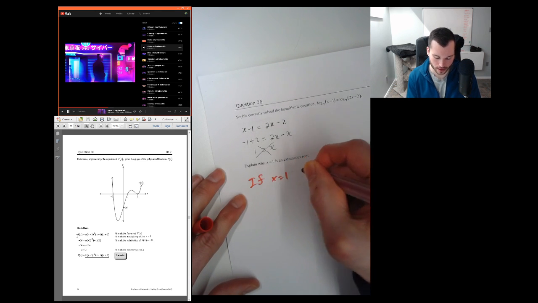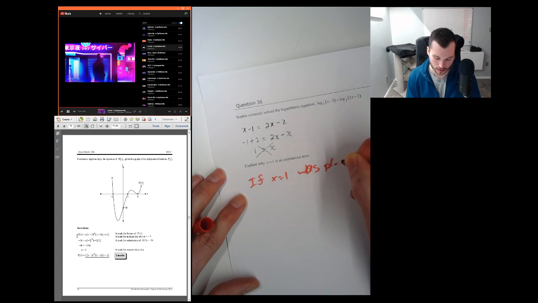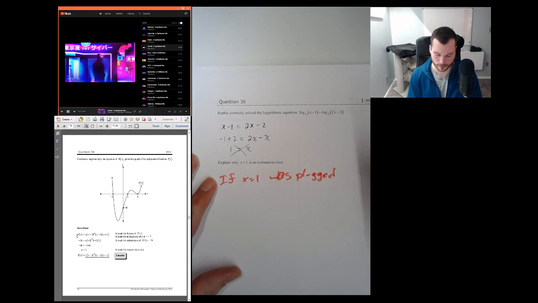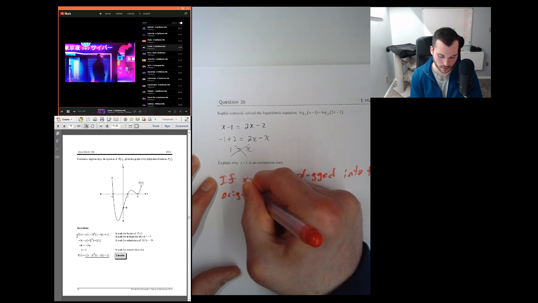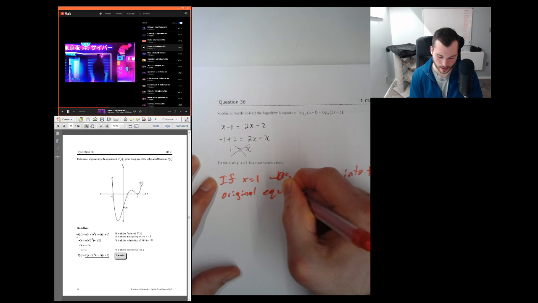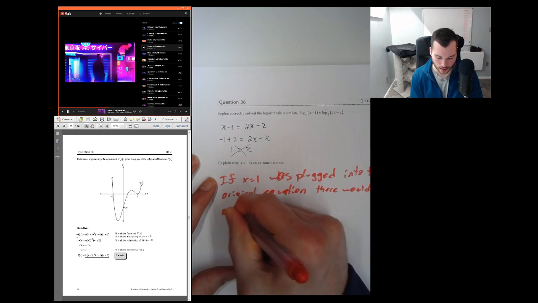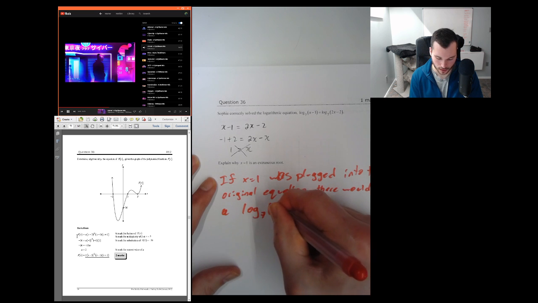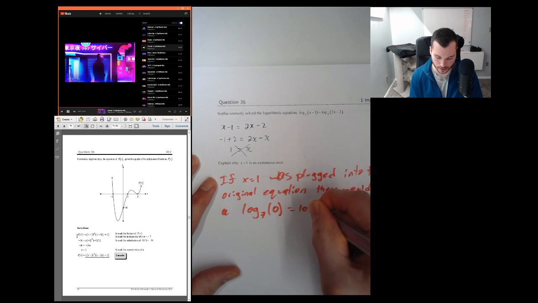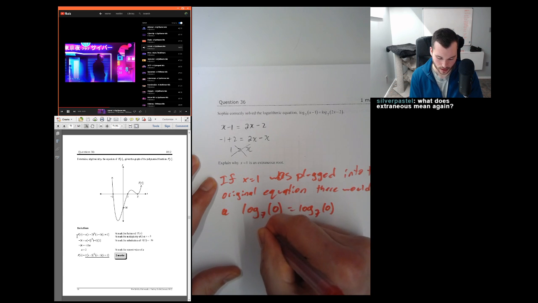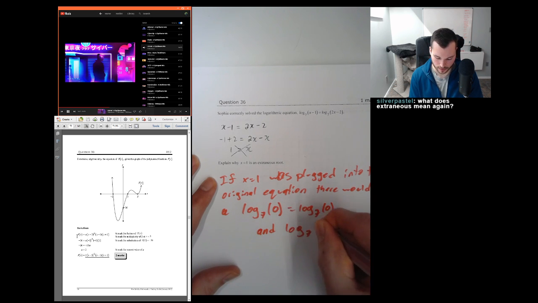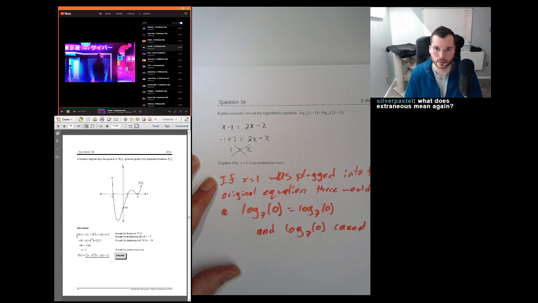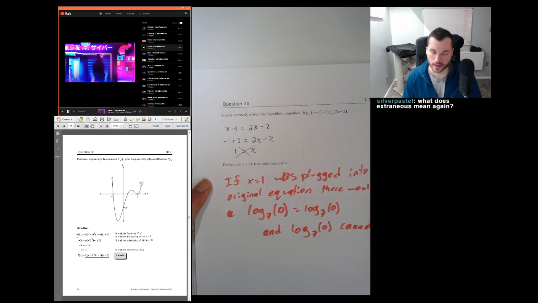If x equals 1 was plugged into the original equation, there would be a log base 7 of 0 equals log base 7 of 0, and log base 7 of 0 cannot exist. That's it. Remember, extraneous means it cannot exist.